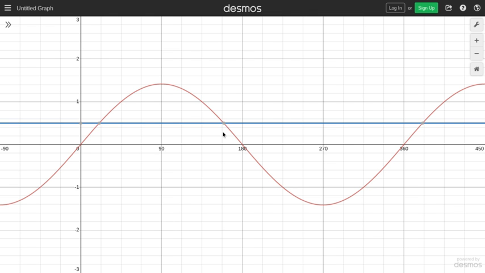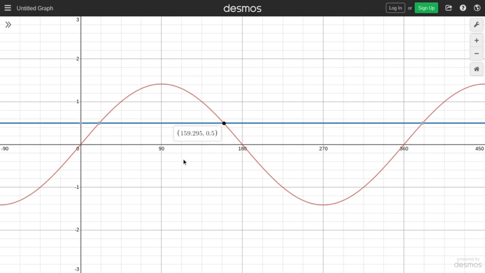So looking at this, it'll be 21.5 and also 180 minus 21.5 due to the symmetry of the graph. So that's why on our ASTC diagram, if it's sine and positive, we do 180 minus the angle that we first get.